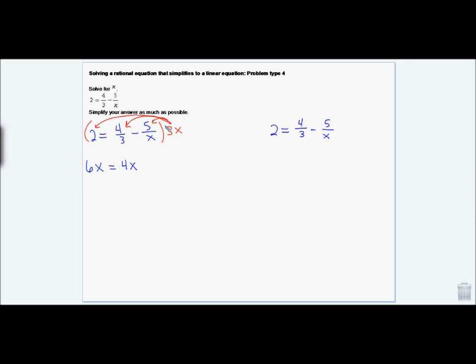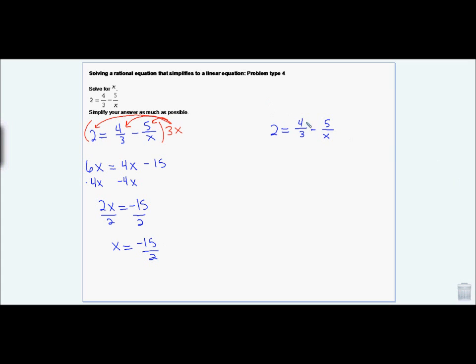Multiplying 3x times -5/x, my x's will cancel, so I get 5 times 3, which is 15. I subtract 4x from both sides, so I get 2x is equal to -15. Divide by 2, and x is equal to -15 halves.